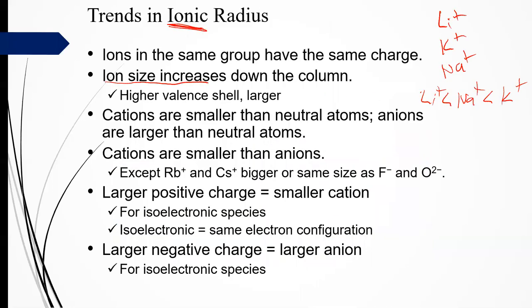Now, the other part about them is that cations are almost always smaller than anions. It's not until we get really far apart, comparing something like rubidium and cesium versus our fluorine and our oxygen, that our cations finally have a size to compete with that of our anions. And so becoming an anion really increases your size.